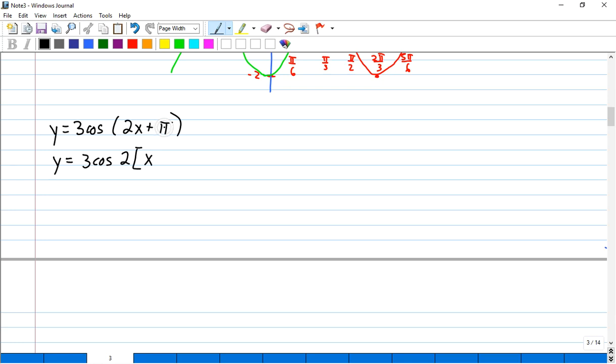Sometimes students forget and they just leave this last number the same, and that won't work. You have to divide this last number by whatever you factor out. So that's going to be plus pi over 2.